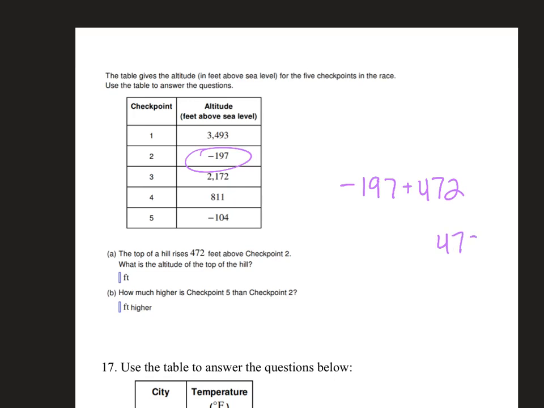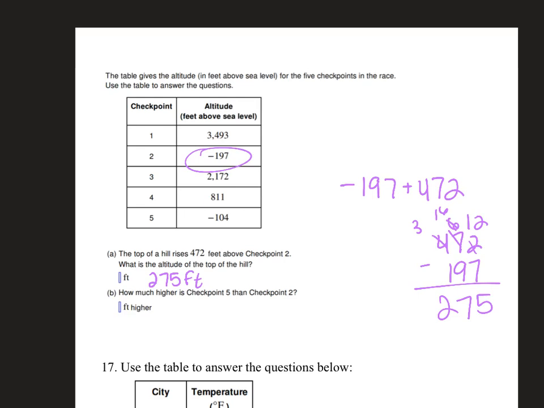I'll find the difference between those. 12 take away 7 is 5. I gotta borrow again. 16 take away 9 is 7. 3 take away 1 is 2. So it's 275 feet above checkpoint 2.